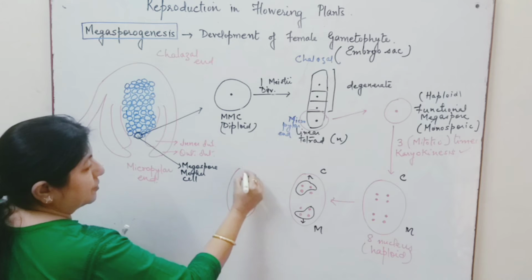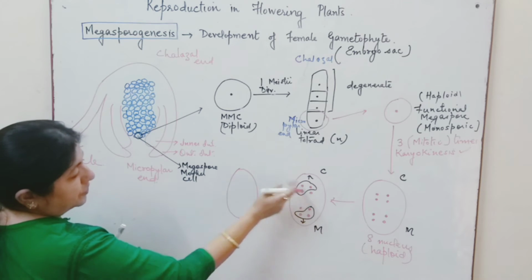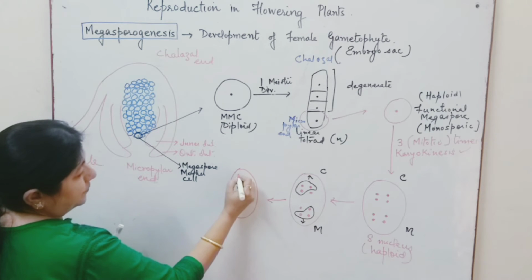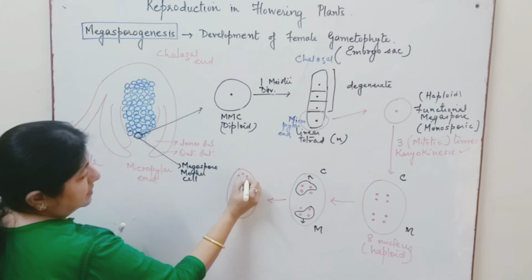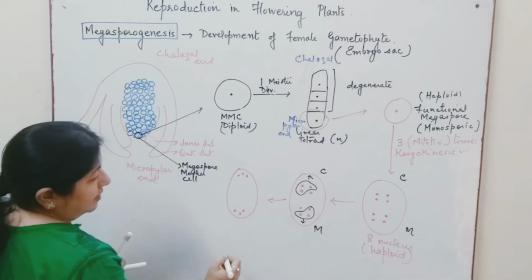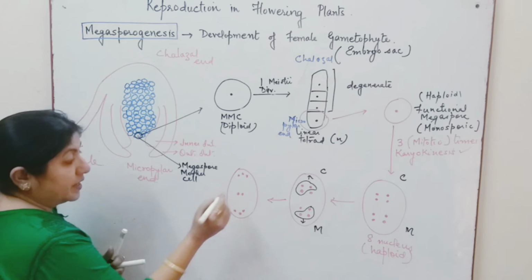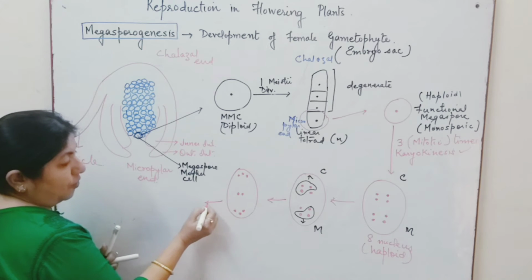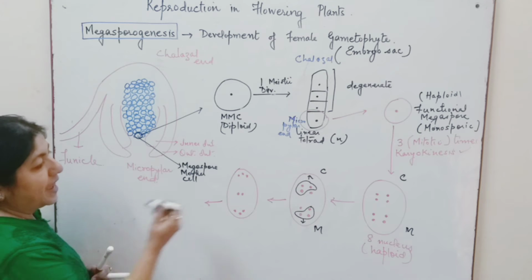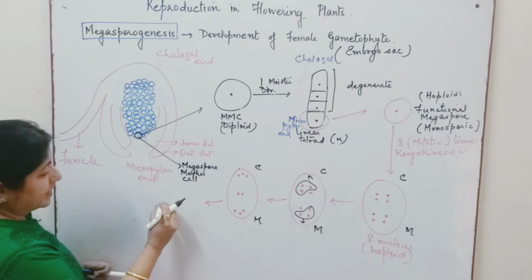This is the embryo sac being formed. As a result of the movement, we have 3 nuclei over here, 3 nuclei over here, and 2 nuclei which are present in the middle. After the movement of the nuclei towards the chalazal end and the micropylar end, the cytokinesis takes place.